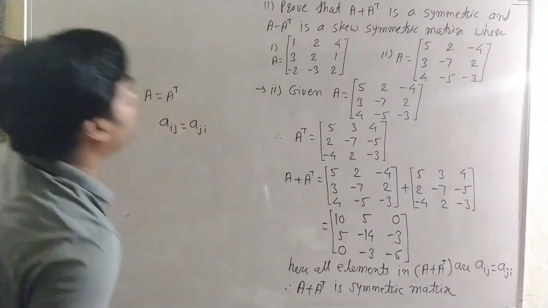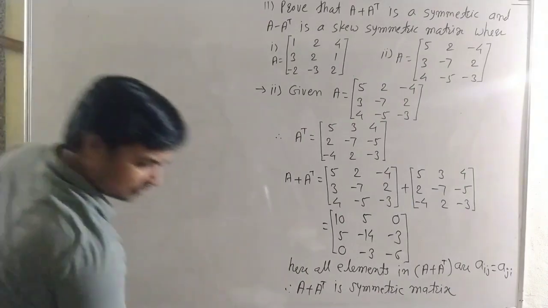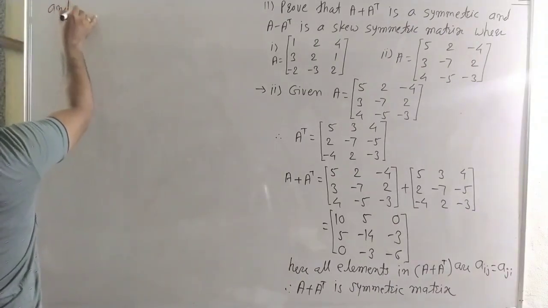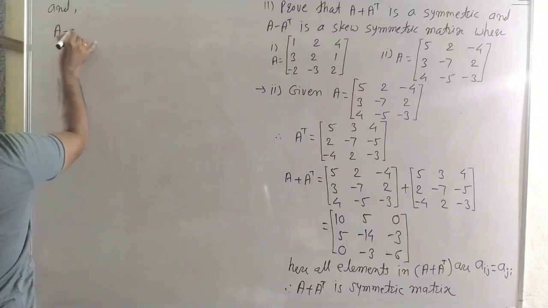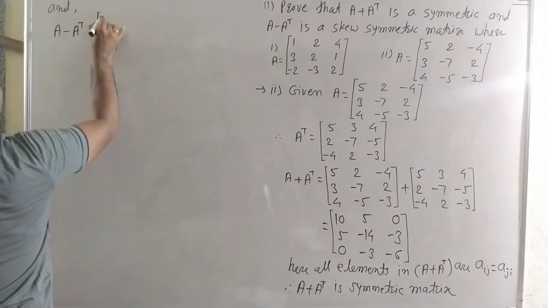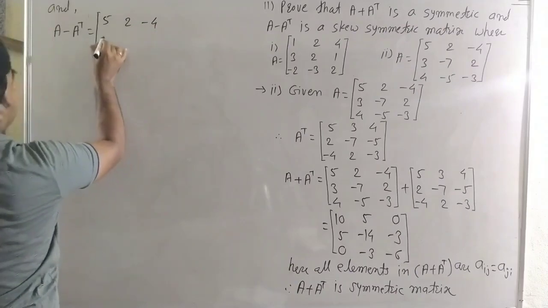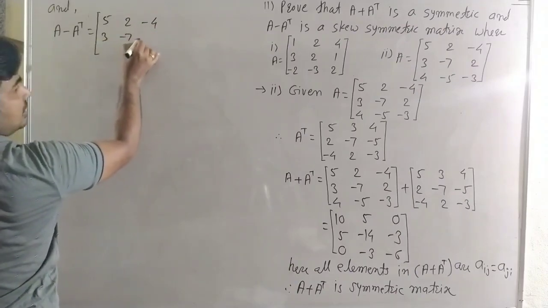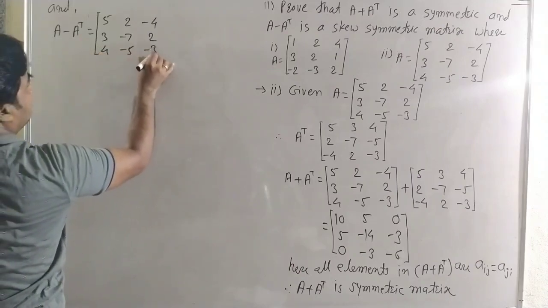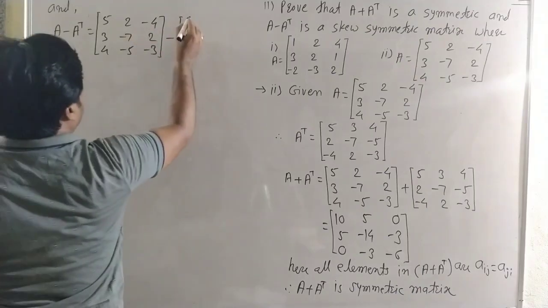Now the second proof, it is A minus A transpose, and we can find the matrix A minus A transpose. It is matrix A, it is 5 2 minus 4, 3 minus 7 2, 4 minus 5 minus 3, minus the transpose of this matrix.